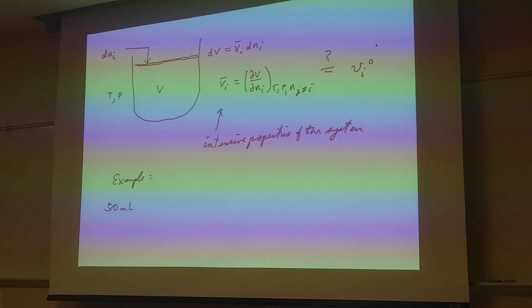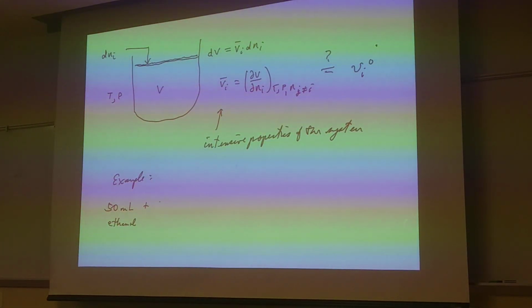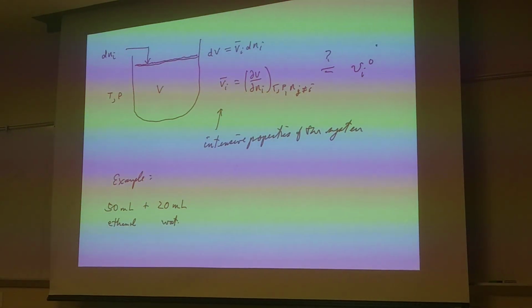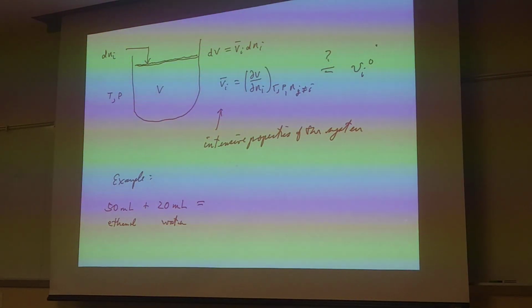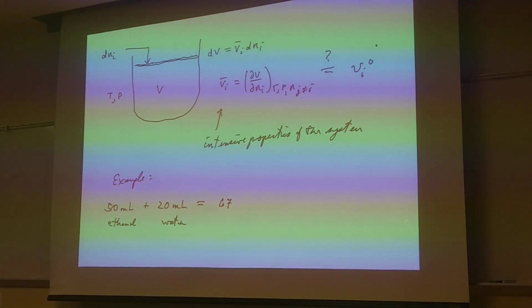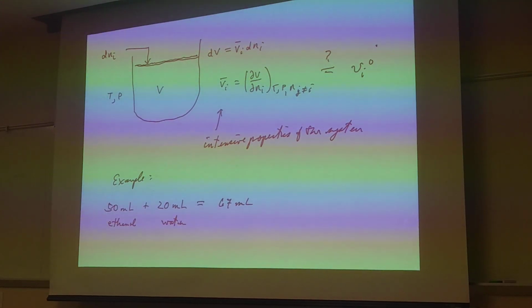50 milliliters of ethanol plus 20 milliliters of water equals 67 milliliters of solution.